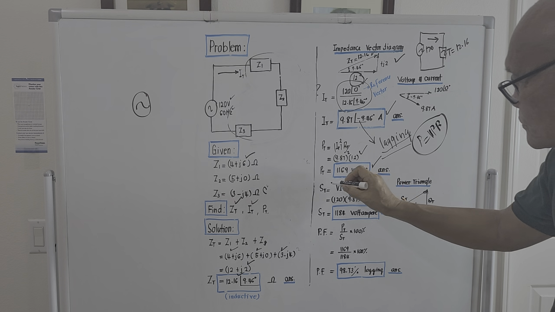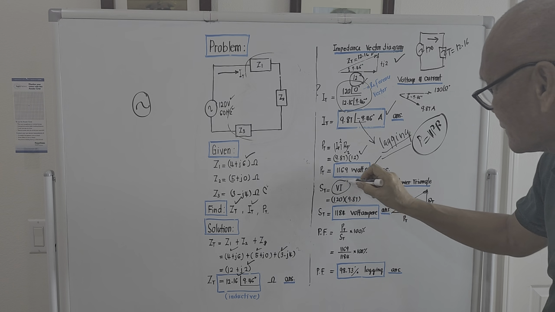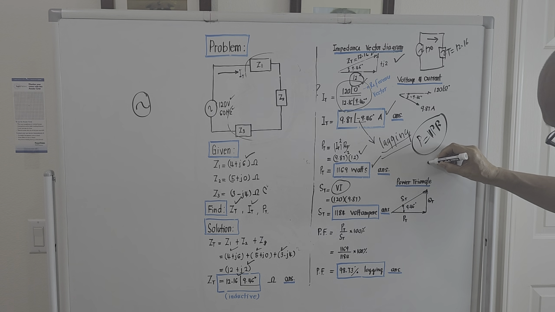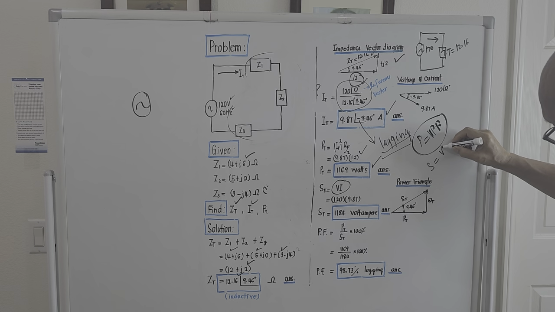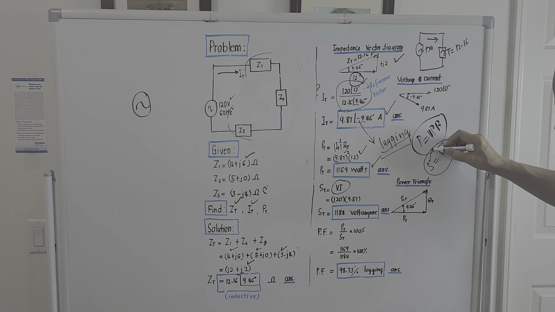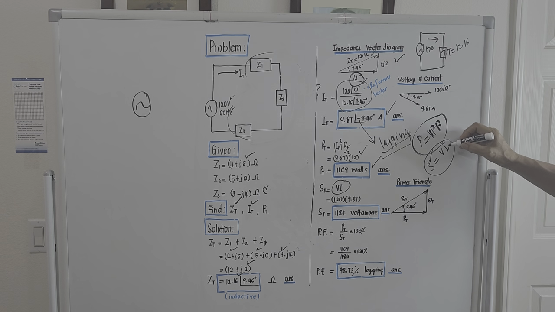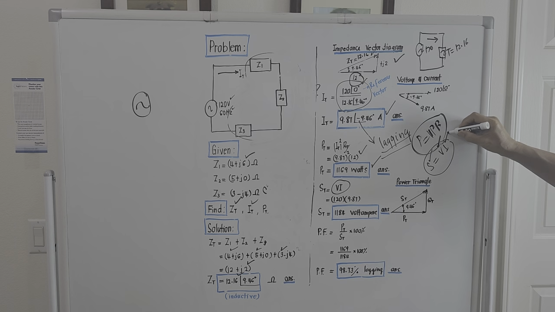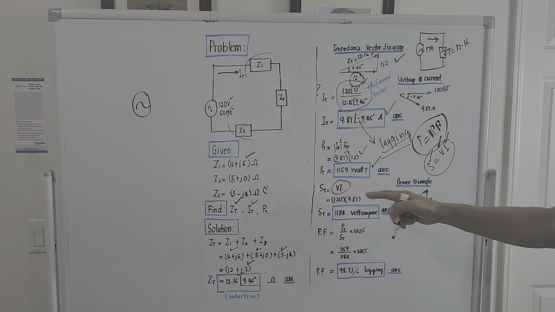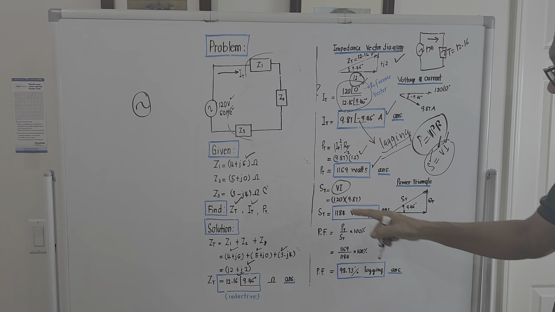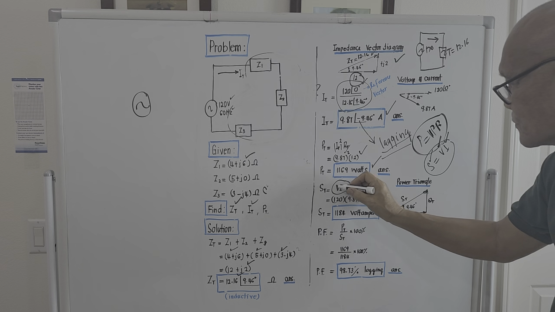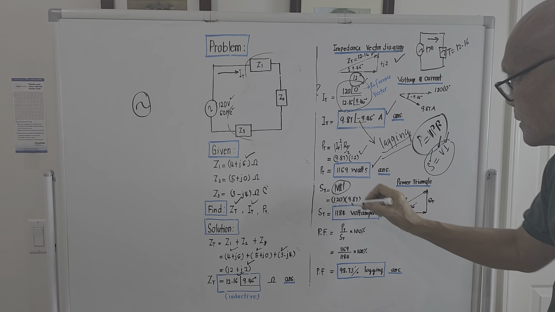How about S total? S total is just actually the product of voltage and current. S is the total apparent power under AC circuit. V is the applied voltage, and I is the total current consumption. So to compute for the apparent power, it will be 120. We just use absolute value here, right?